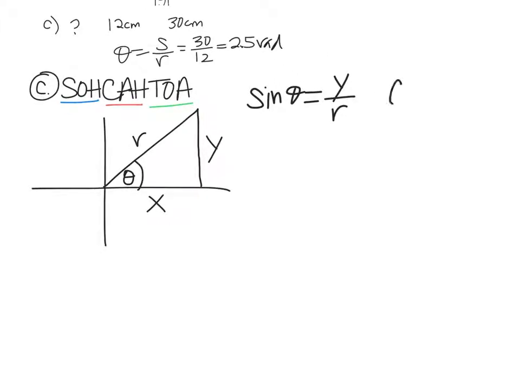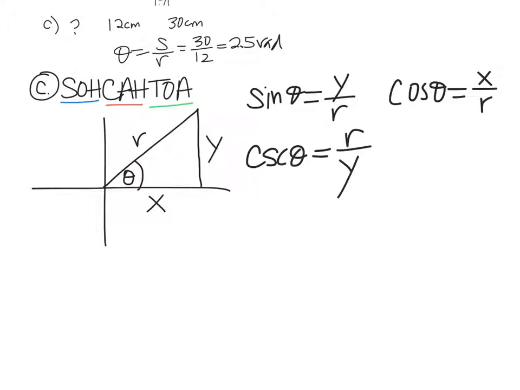All right, then cosine would be x over r. Cosecant. Remember cosecant? Cosecant is r over y. It's the reciprocal, as long as y is not 0. So cosecant is undefined at places. Do you remember the graph of cosecant? It's like the sine wave, but then you flip it out and you draw asymptotes. And then secant of theta is r over x, as long as x isn't 0.